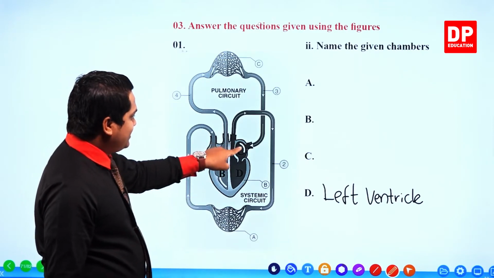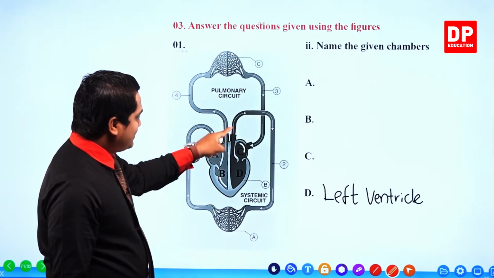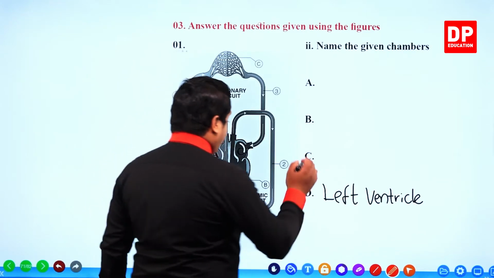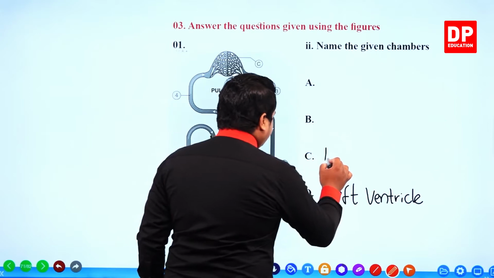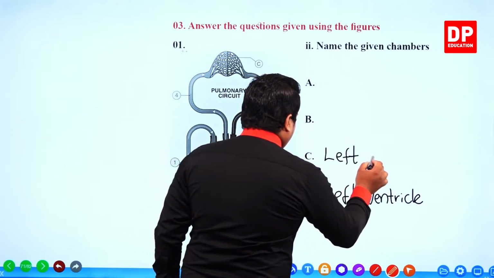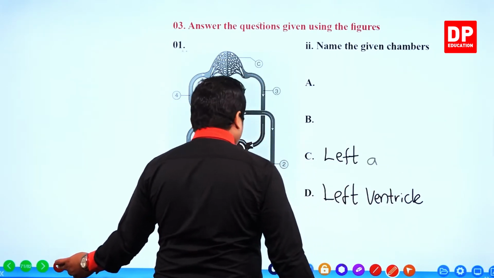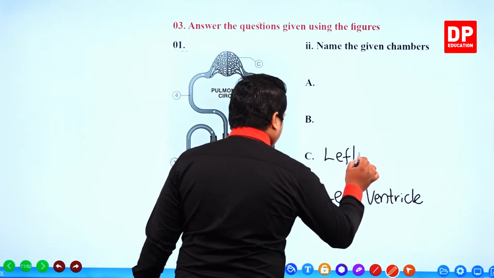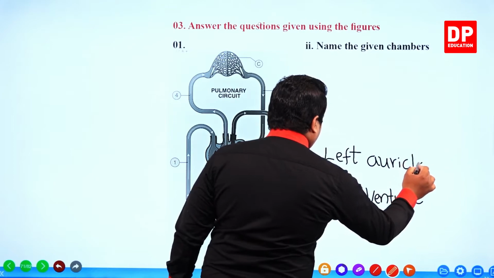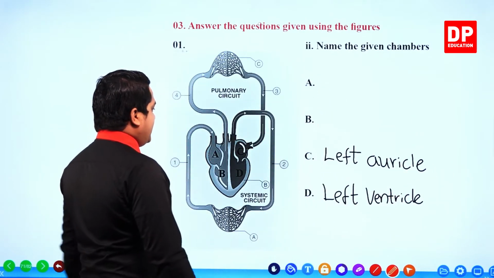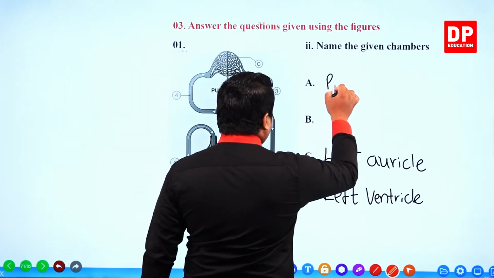Then C, that is the right auricle. Sorry, left auricle. Left ventricle, left auricle. Then A, right auricle.